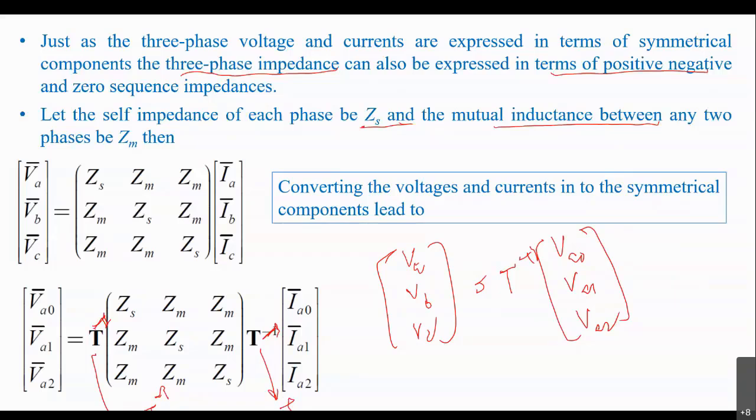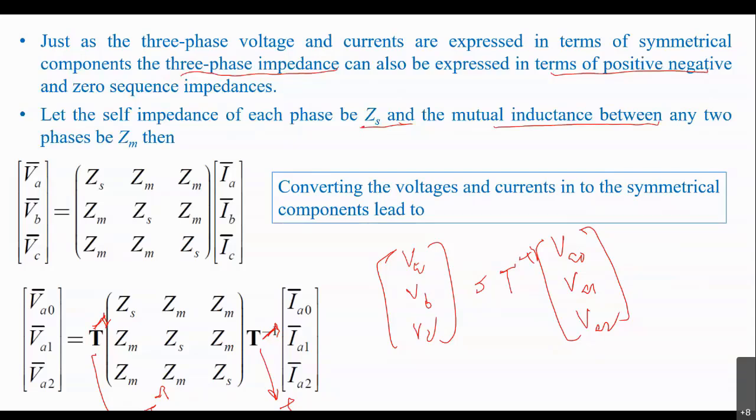So VA0, VA1, VA2, I can write as T inverse times Zs, Zm, Zm, Zm, Zs, Zm, Zm, Zm, Zs. This is the Z matrix, into T times IA0, IA1, IA2.